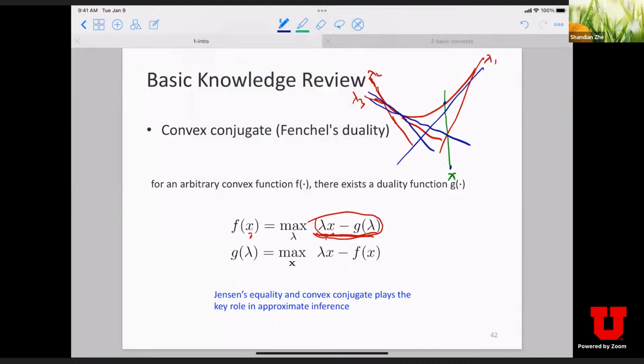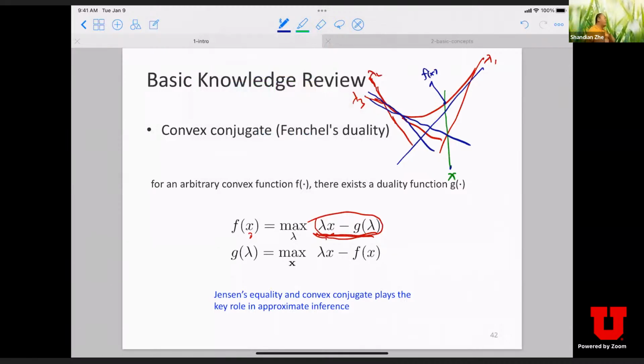We know that this is where f of x is. If you look at the function value of the tangent lines at x, what can you observe? That's a good observation.